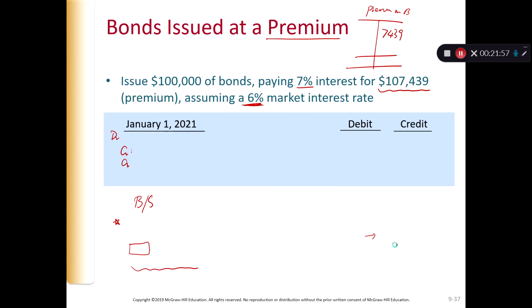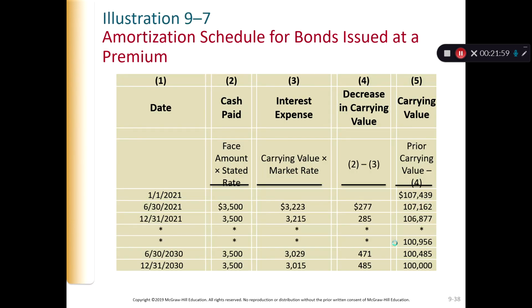So let's look at the amortization table of this premium bond. Similarly, the cash payment always uses the face amount times the stated rate, and the interest expense is always recorded at the carrying value times the market rate. As we remember, the prior carrying value before the initiation on January 1st is actually higher than $100,000, which is $107,439.